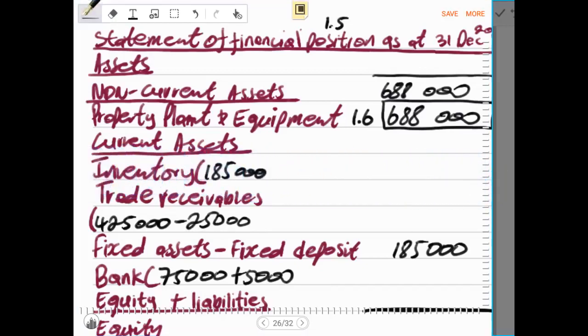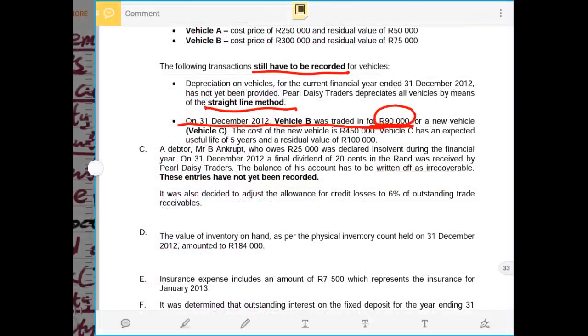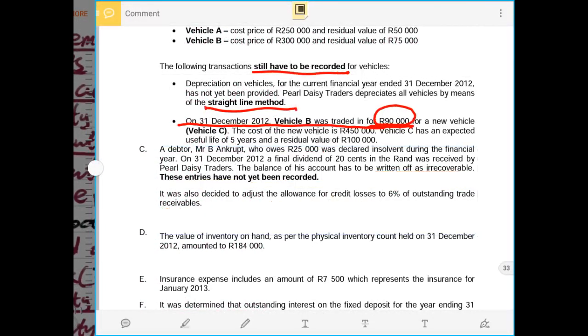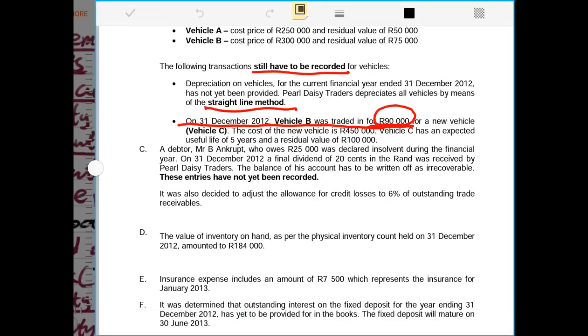Then we subtract the full 25,000 rands. I hope you are very clear with that, because students sometimes get confused with that. Then the next sentence says that, so remember now we have recorded this 20,000 of that as a bad debt, 5,000 of that as cash in the bank, and the full 25,000 rands has been removed from the books of the business.